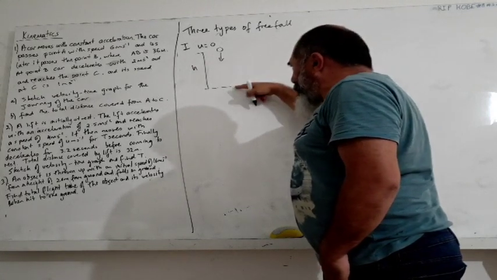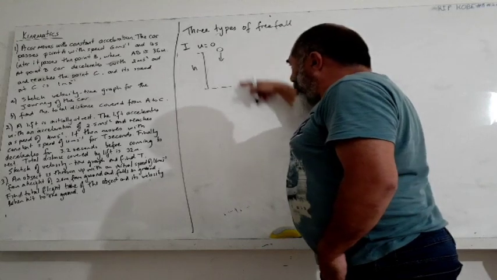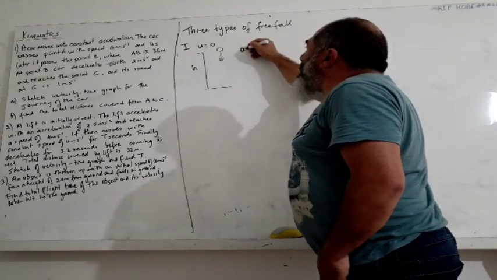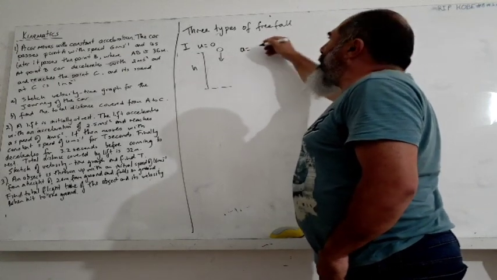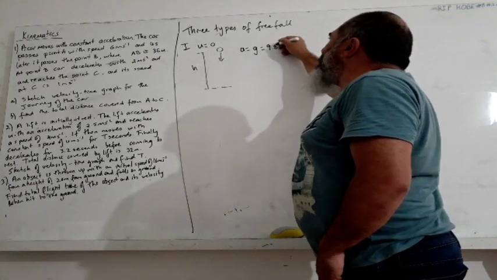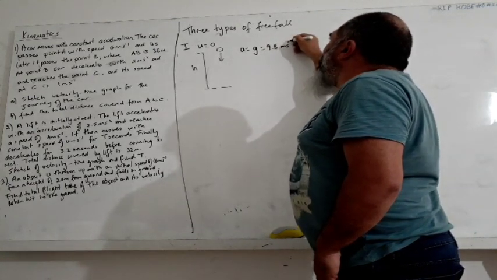The direction of the movement is downwards. And the acceleration here is g, the gravity, which we have to take as 9.8 meters per second squared.